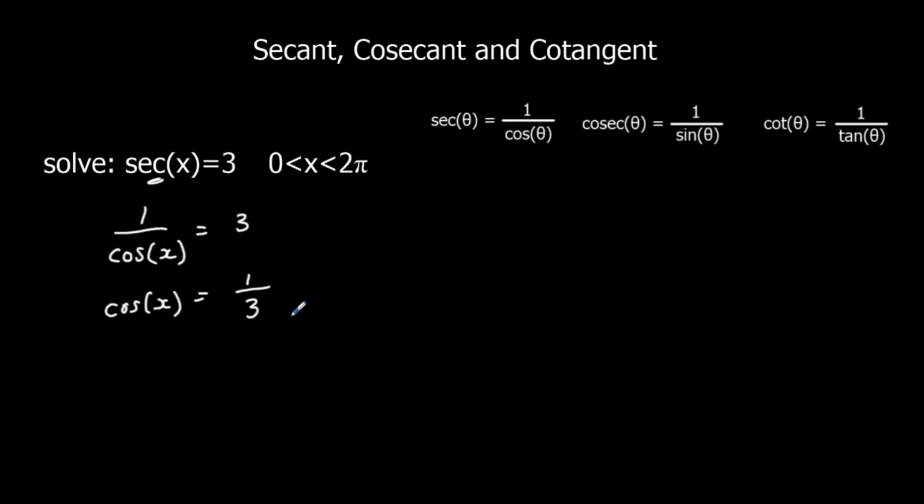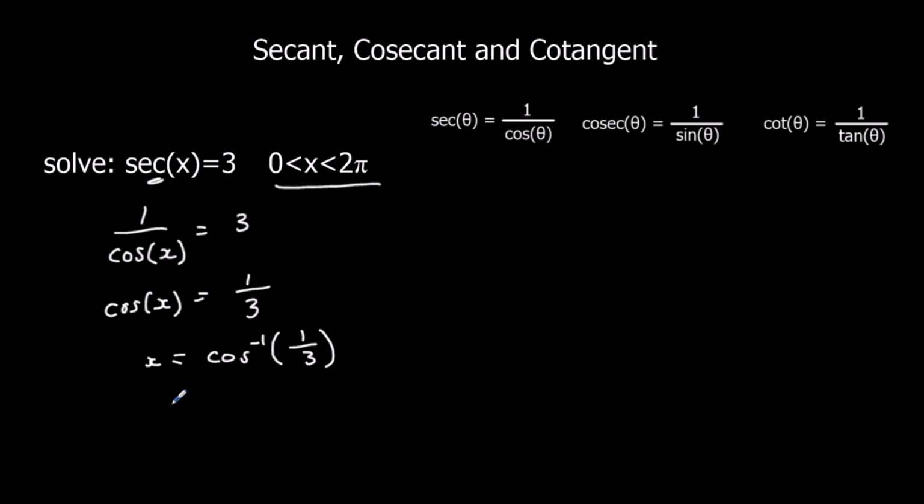Either one of those. But we'll get to cos x equals 1/3. And we're going to shift cos 1/3. But we're in radians this time, so we want the answers between 0 and 2 pi. So shift cos 1/3 but make sure you're in radians.